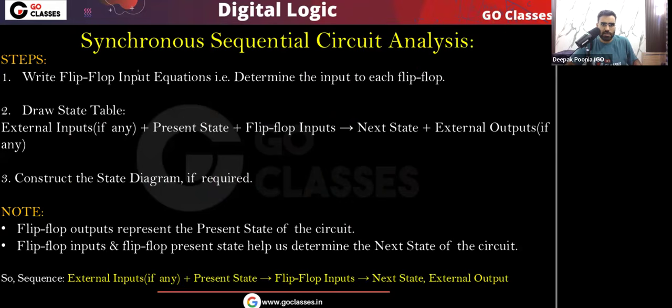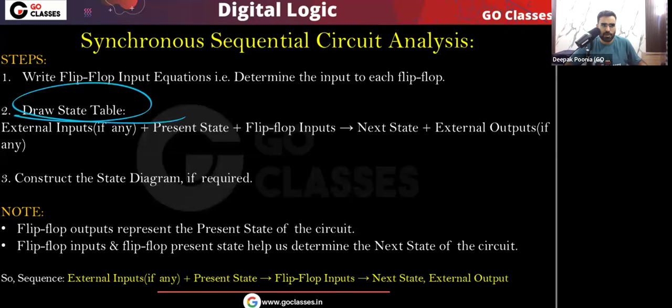The first step is to write the flip flop input equation, meaning for each flip flop we determine the input equation. Step 2 is to draw the state table. Step 3 is to construct the state diagram if there is a requirement.